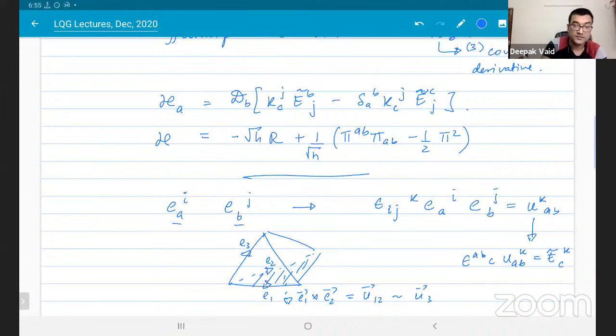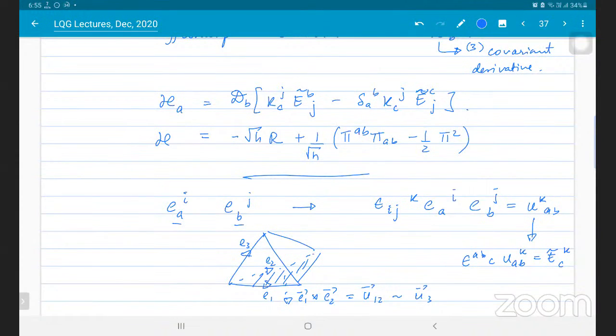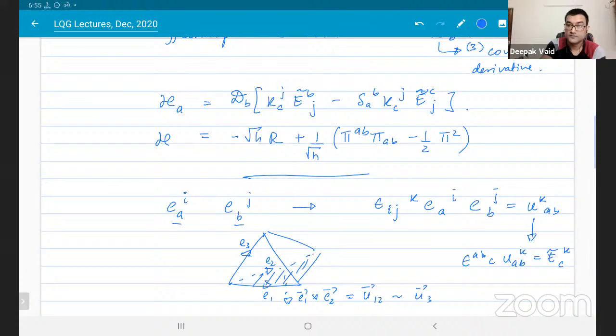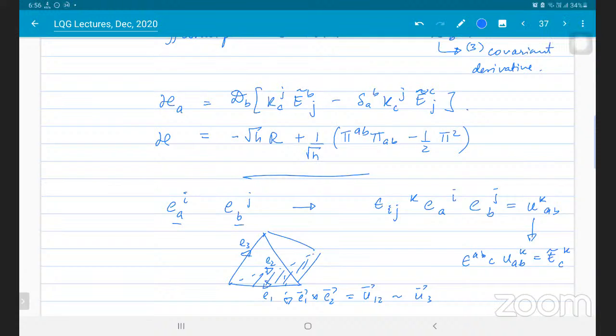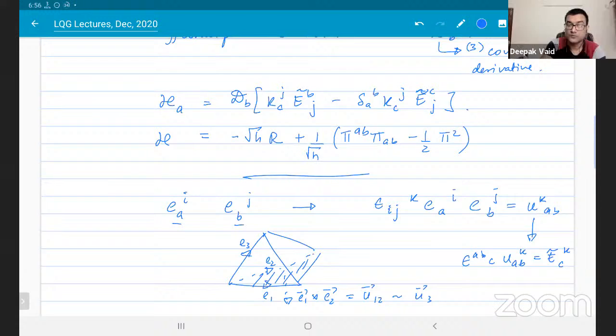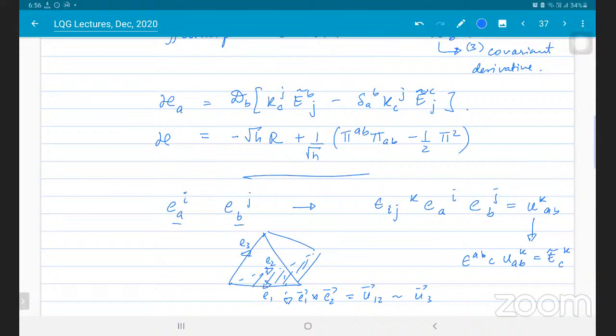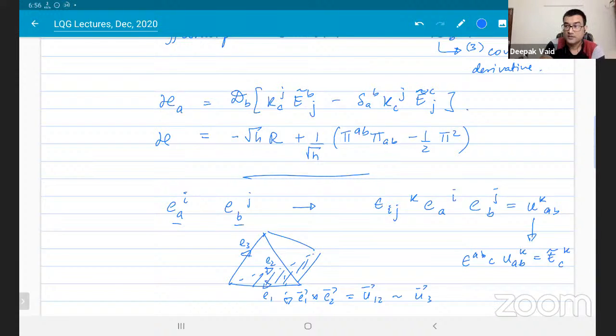Devamalya, you're not seeing the screen. Let me start the screen. Is it possible for others to stop their video sharing, so that the bandwidth is not affected? No, bandwidth is not really affected.